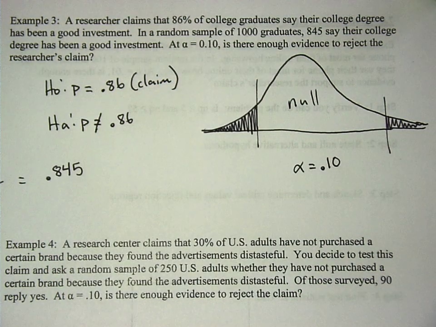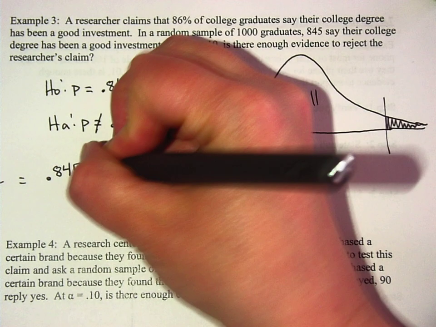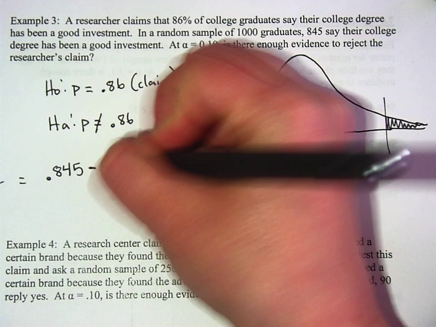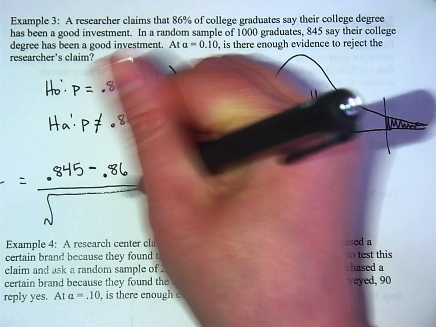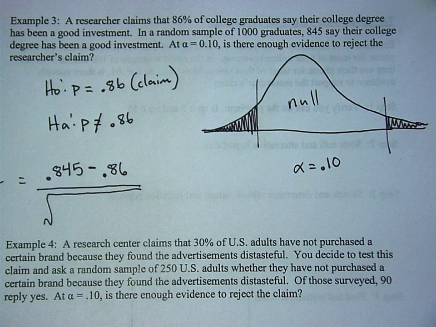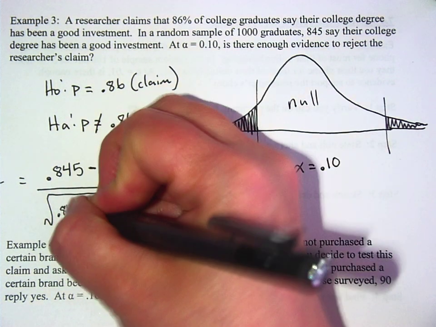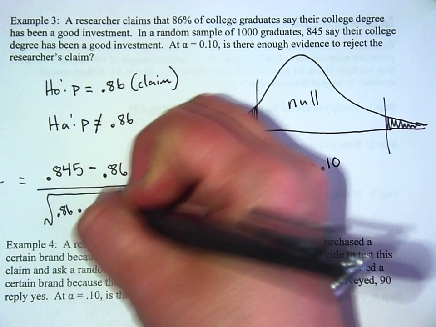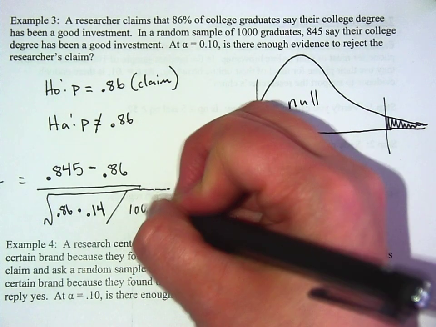It'd be like if it was 84 over 100, it would be 84%. Minus 86%. And then on the bottom is a square root. And then what goes inside there? PQ. P times Q. 0.86 and 0.14 divided by 1,000.